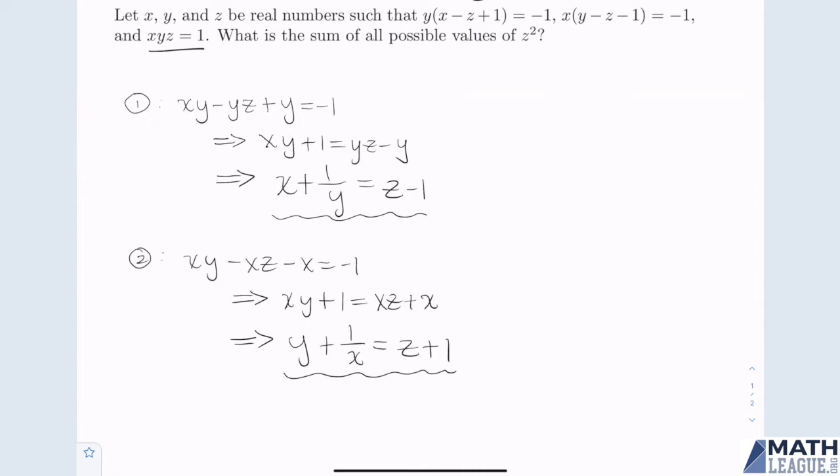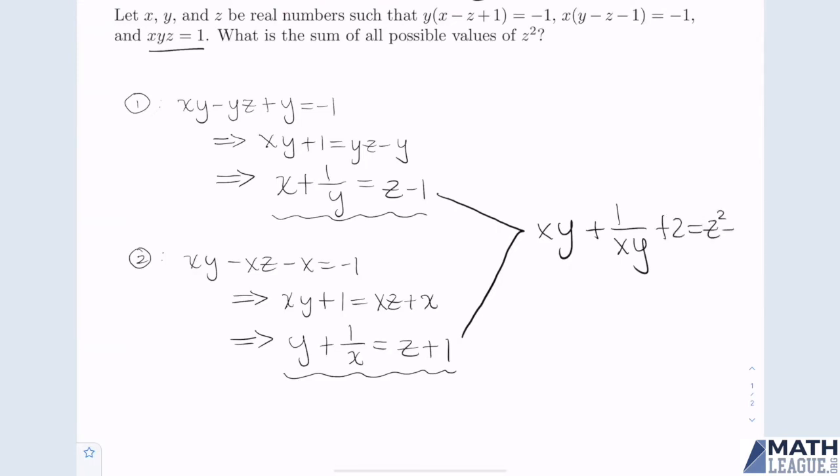If we multiply these two equations, we get xy plus 1 over xy plus 2 is equal to z squared minus 1. And we also have the third equation, that xyz is equal to 1. So we can plug that into this equation, and this equation becomes 1 over z plus 2 is equal to z squared minus 1.